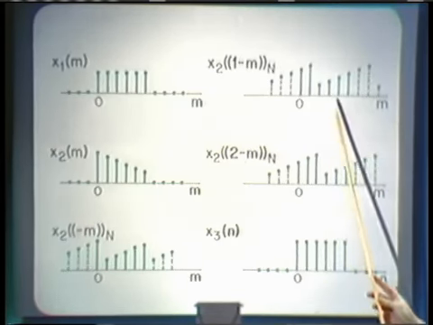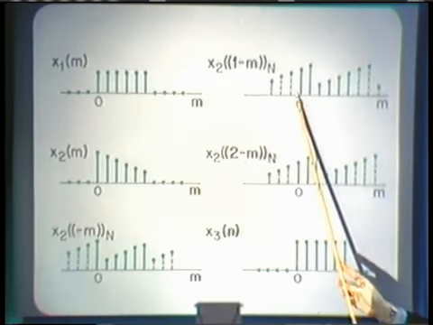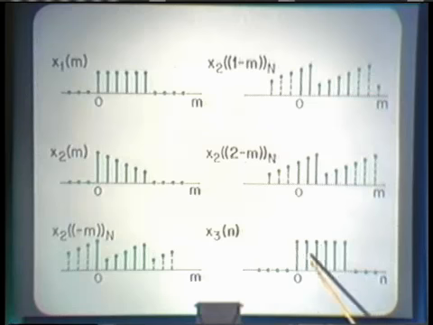Consequently, the resulting values in the convolution will be the sum of these values no matter how much circular shifting we do. So for this particular example, the convolution comes out to look like this. That is, the values in the convolution are constant over the range 0 to capital N minus 1. Then, of course, we had this either cutting the cylinder, if you want to look at it that way, or multiplying by r sub capital N of n, and consequently we get 0 outside that range.